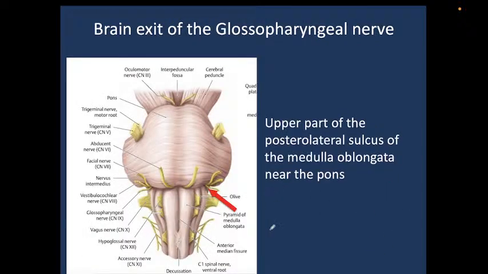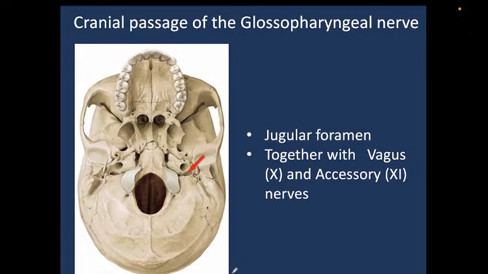Here you see the brain exit of the glossopharyngeal nerve. It is located just under the vestibulocochlear nerve, in the sulcus called the posterolateral sulcus of the medulla oblongata. You see this nerve here. This is the glossopharyngeal nerve, and it is located quite close to the pons, but it starts from the medulla oblongata.